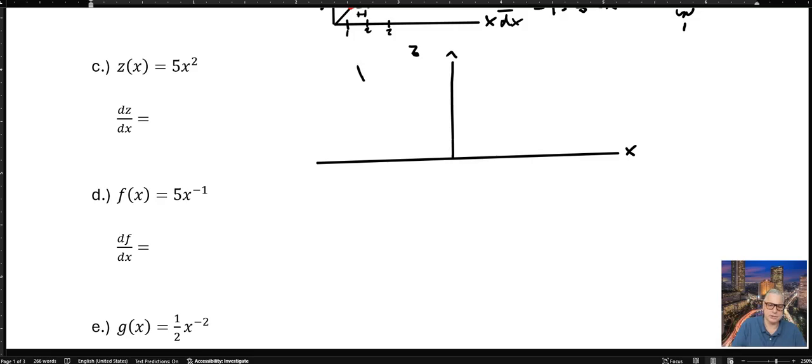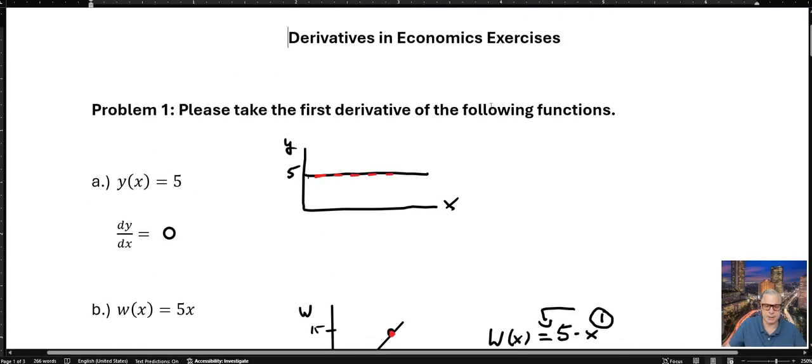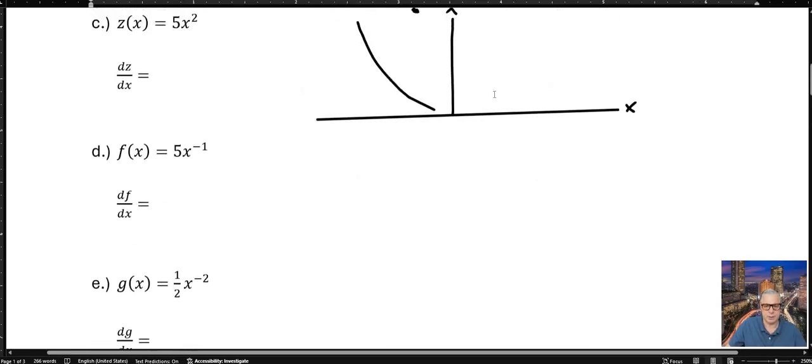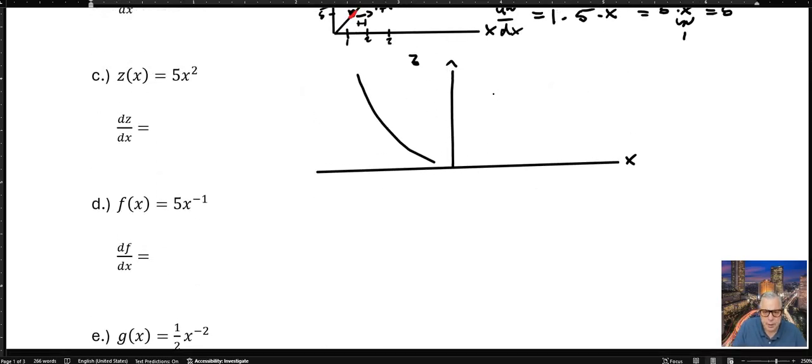Well, that is a function that looks something like this. So we have here a minimum. Well, I don't know why that's not giving a parabola. Let's try it again. Okay, something like this.